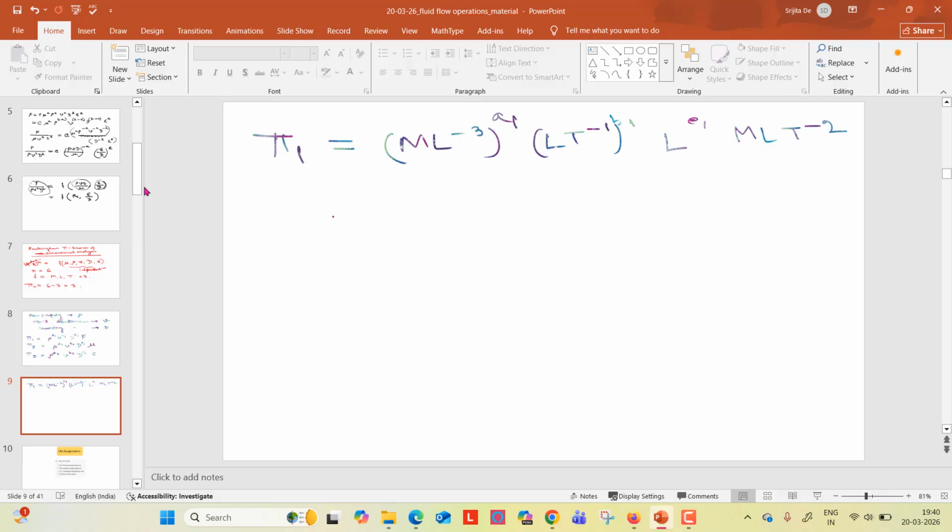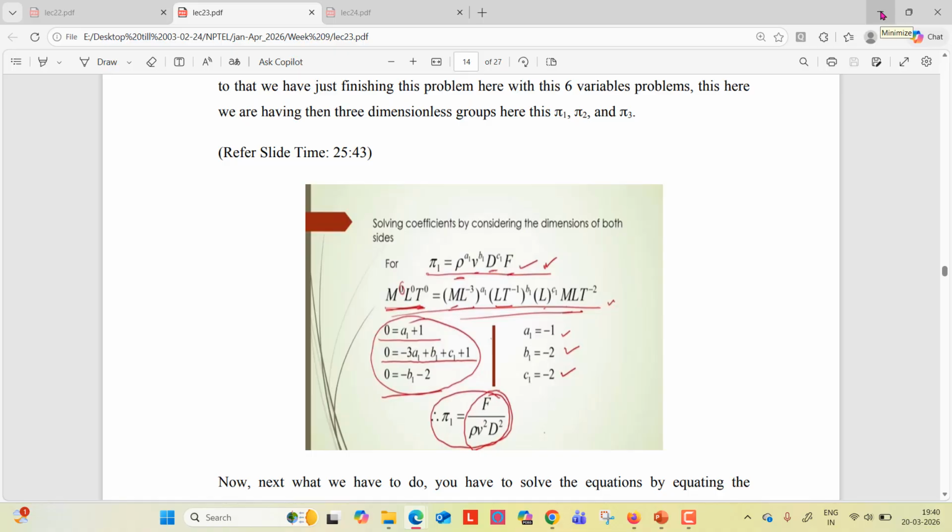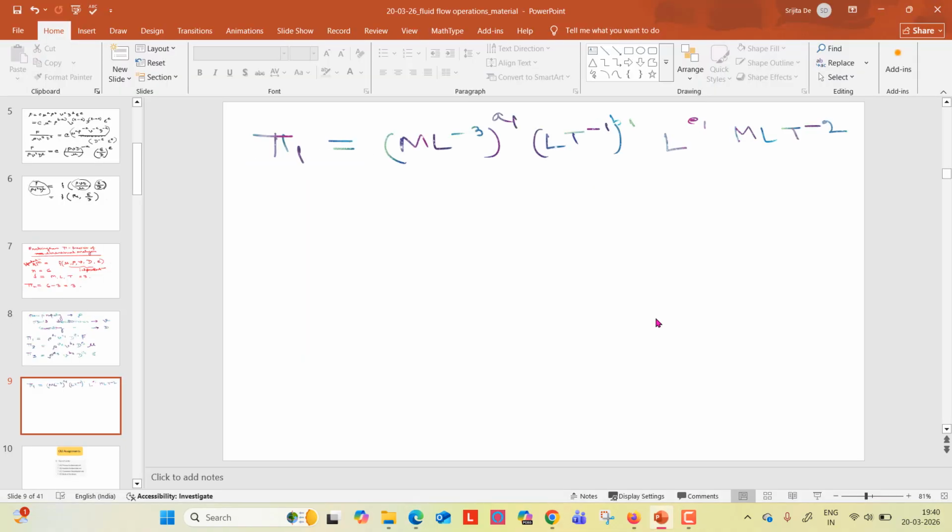Now if we compare this, pi1 is non-dimensional, that means it doesn't have any unit. So M to the power 0, L to the power 0, T to the power 0. So we are comparing all. For M, it will be a1 plus 1 equals to 0, right? Did you get it?